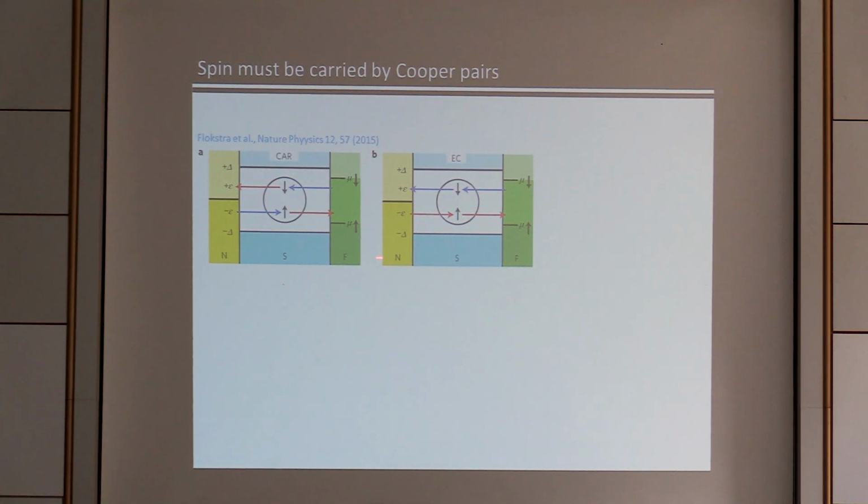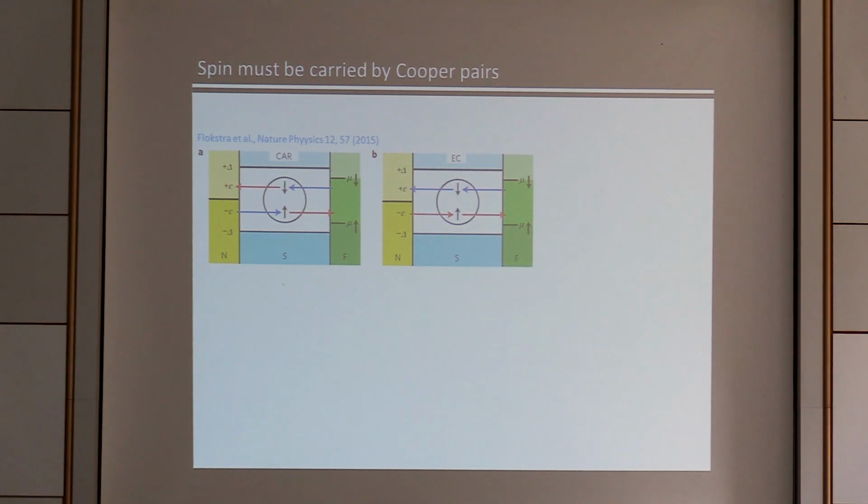This gives rise to a net spin current within the superconductor, which is carried by Cooper pairs in a singlet state. In electron co-tunneling, two electrons of opposite spin co-tunnel simultaneously from two opposite surfaces, forming a Cooper pair in the niobium. This mechanism also gives rise to a spin current, which can therefore transfer angular momentum from one interface to the other.